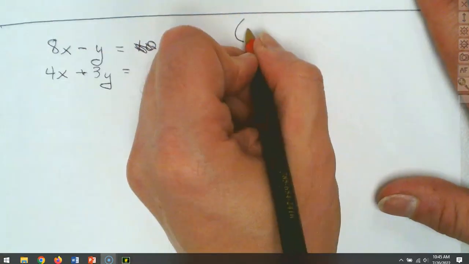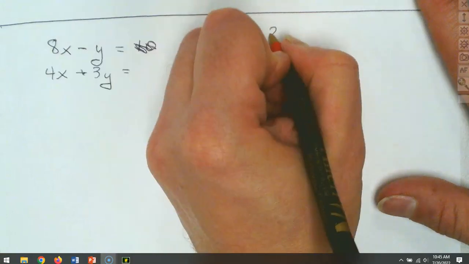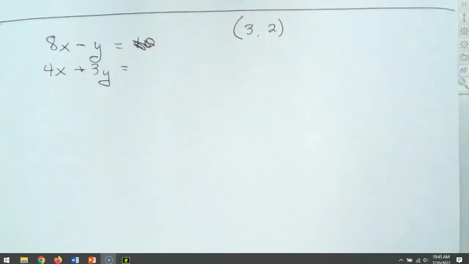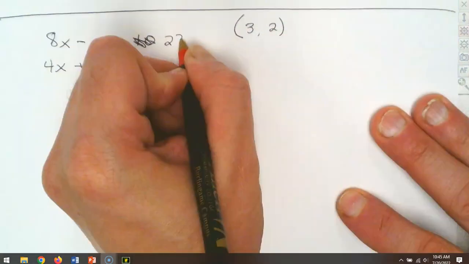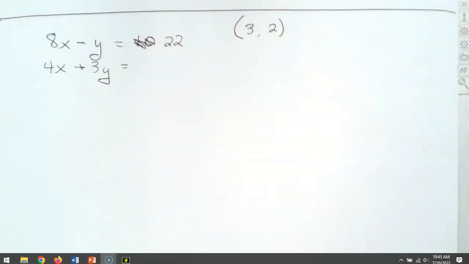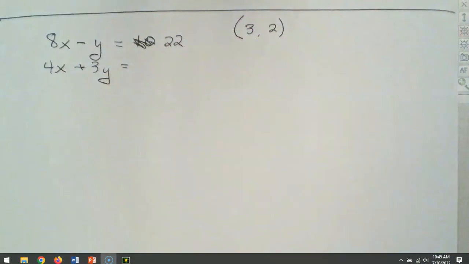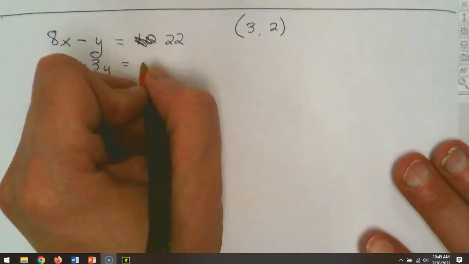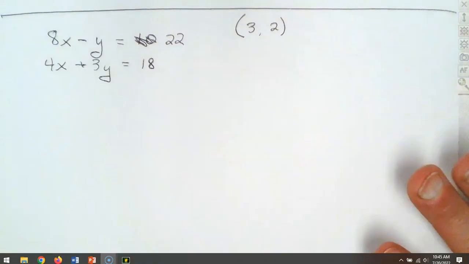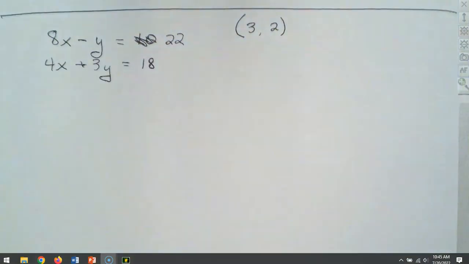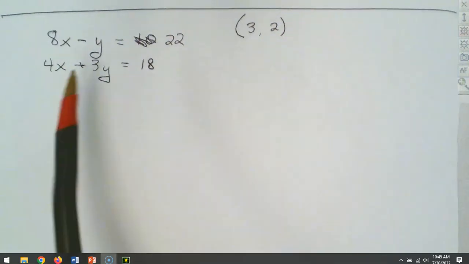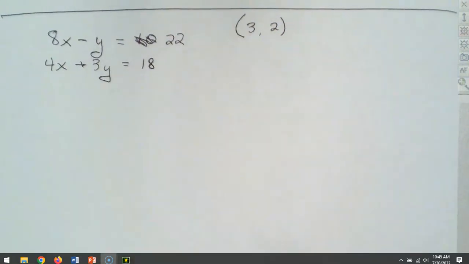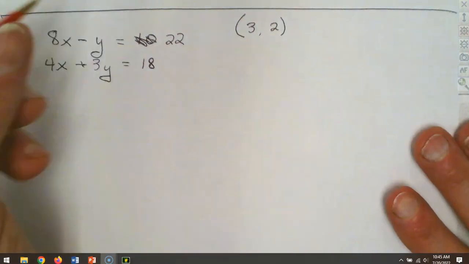How about 3, 2? So come up with that. So that's going to equal 22 here for the first one, and an 18. Let me double check and make sure those are right. That one's right, so is that, because that's 12. Yep, makes it 18. Okay, so let's look at how we would solve this one.